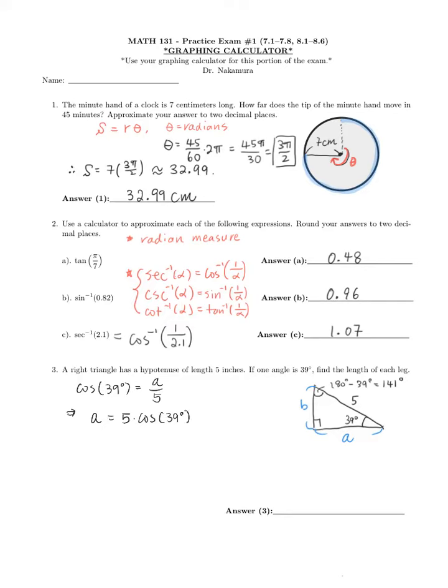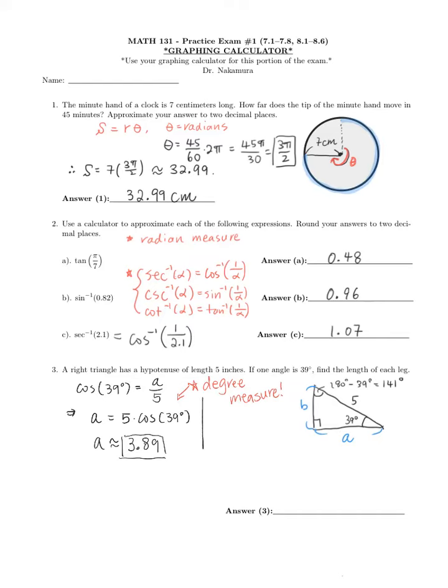Now, since number 2 used the radian measure, make sure to convert this into degree measure now on your calculator. Alright, so if you type that in, I got A to be approximately 3.89. So that is going to be the approximate value for A.